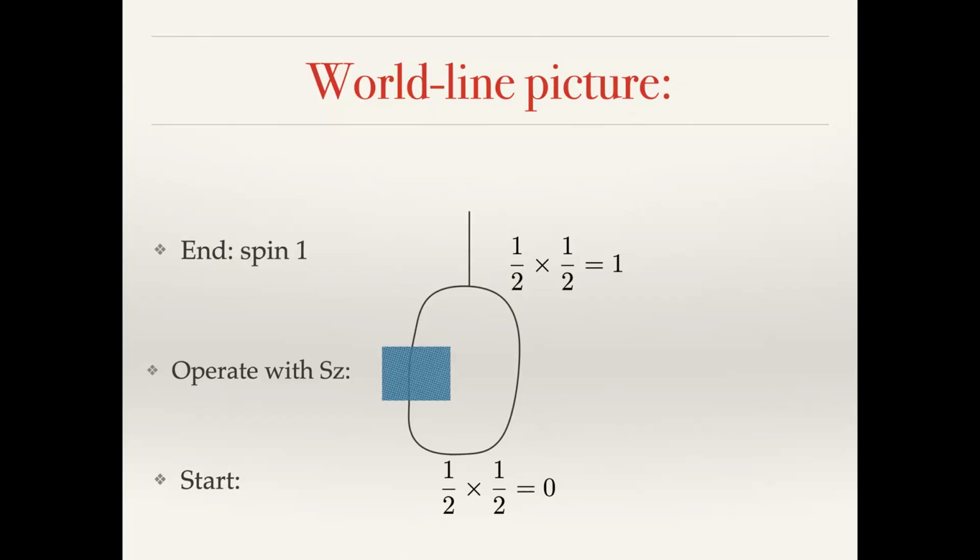Okay, now I separate them, and I send particle 1 through some region of space where there's a Hamiltonian that carries out an Sz rotation. That's this blue box here. And then I bring them back together, and I try to reannihilate them to the vacuum, but I find that instead I have a non-trivial particle which carries spin 1. Okay, good.